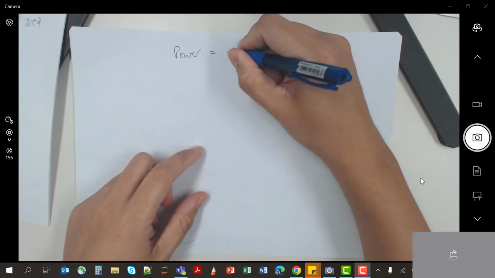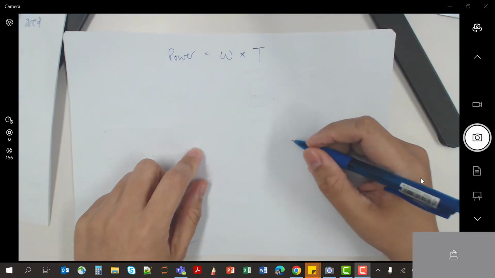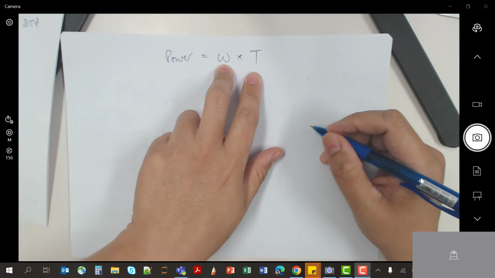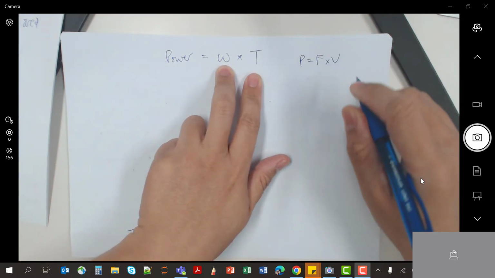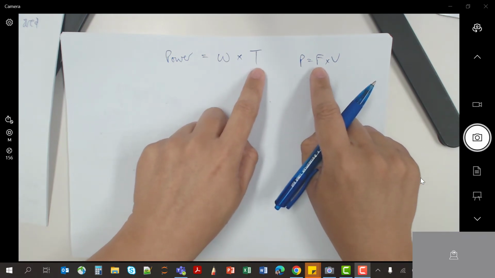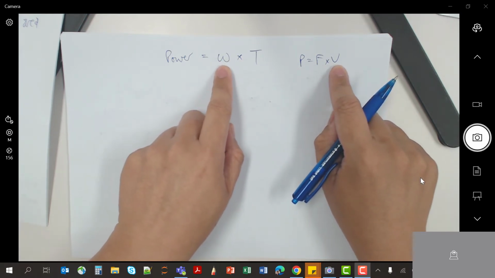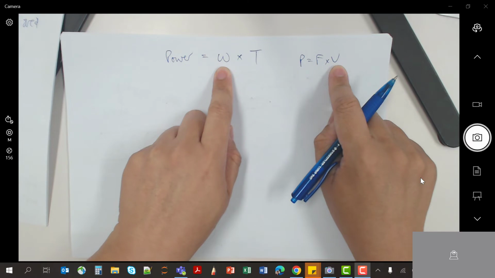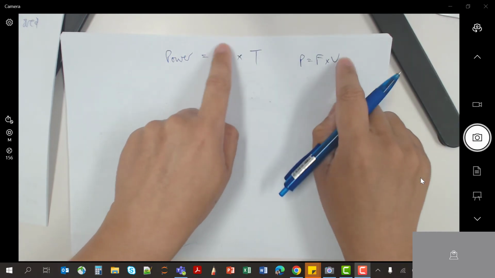This would be omega times torque. In fact, this is not a new formula. You know that power is force times velocity, correct? So this torque is equivalent to force, because torque is also a turning force, and velocity is this one. Omega is your angular velocity.